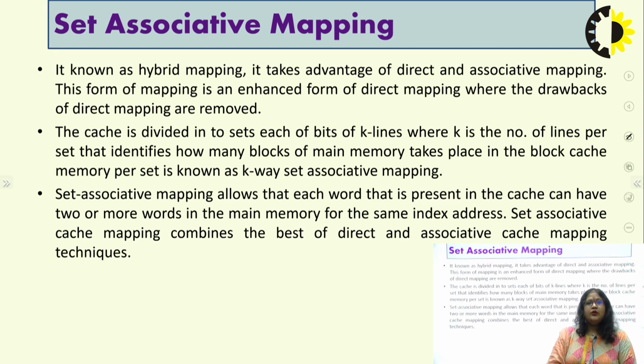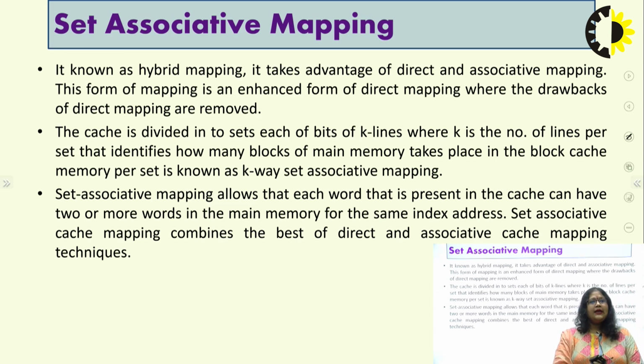So this is known as set associative mapping. As the name depicts, we divide the locations into a number of sets, which means we identify how many blocks of main memory map into the cache per set, not per line.